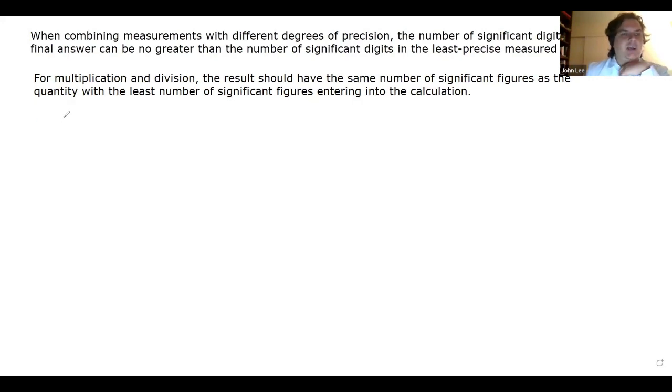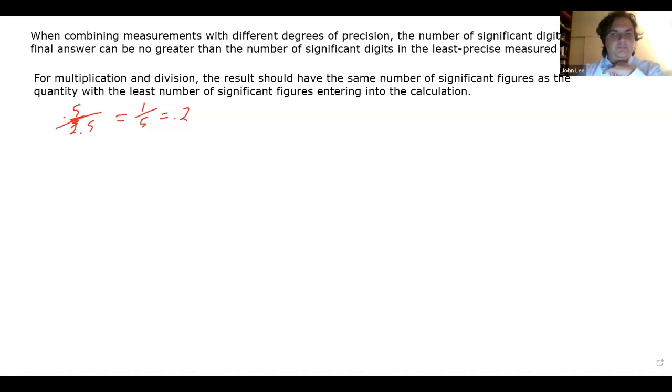If you're talking about 0.5 over 2.5, this is going to have one significant figure, and this is going to have two significant figures. So this is going to be equal to 1 over 5, I believe, which is equal to 0.2, but it's not 0.20 because you have to go with the number of the less significant figures, right?